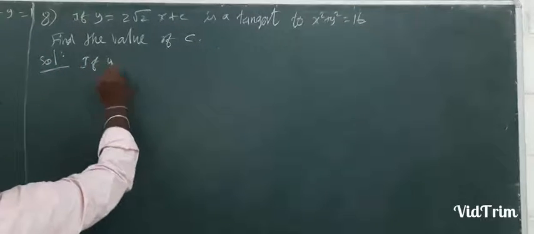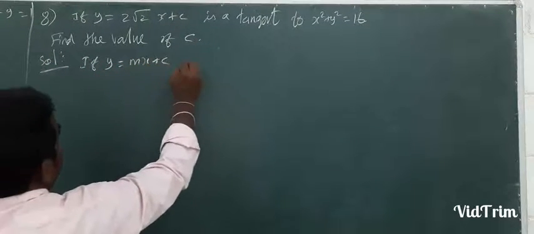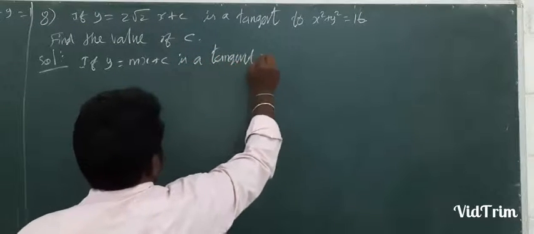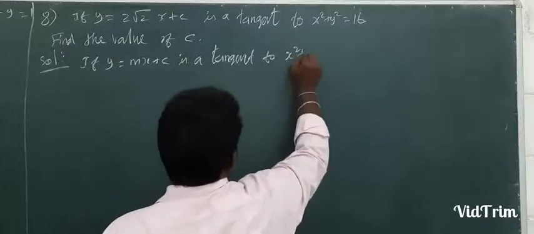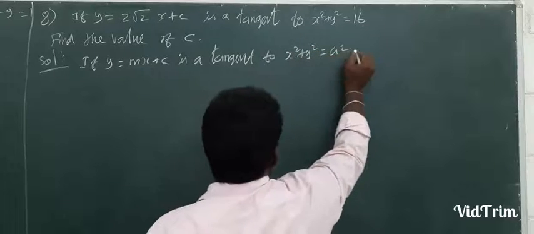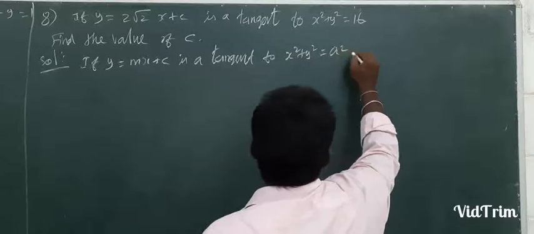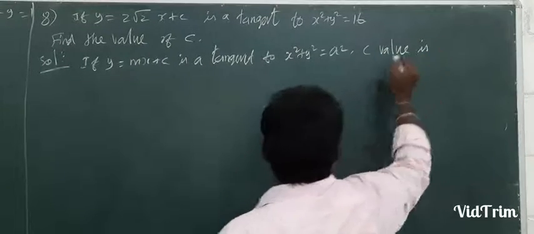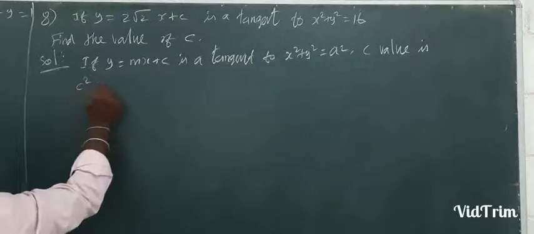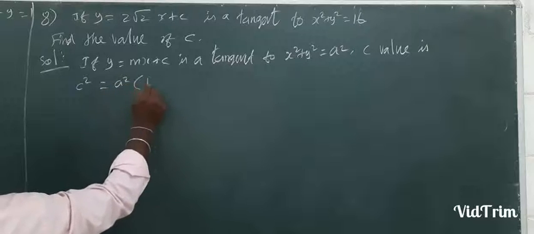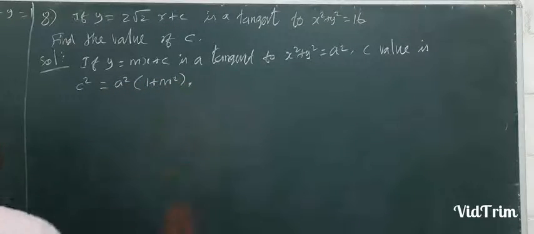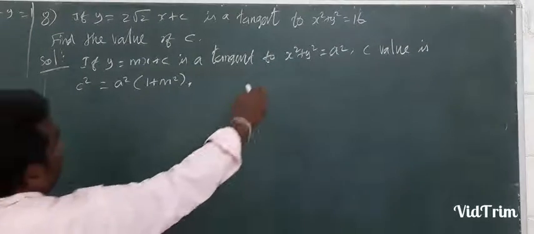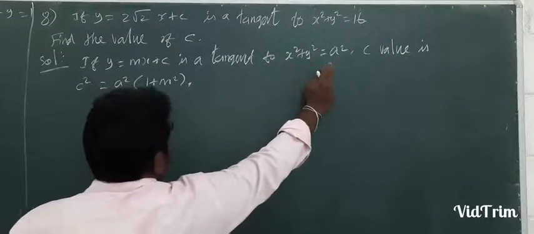If y is equal to mx plus c is a tangent to the circle x square plus y square equal to a square, then c value is c square is equal to a square into 1 plus m square. That is the formula. First you indicate x square plus y square equal to a square.